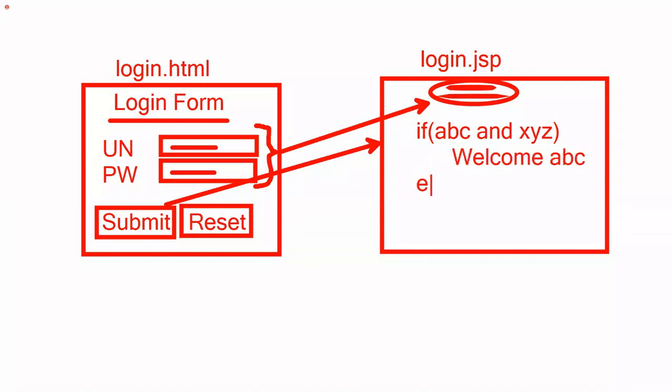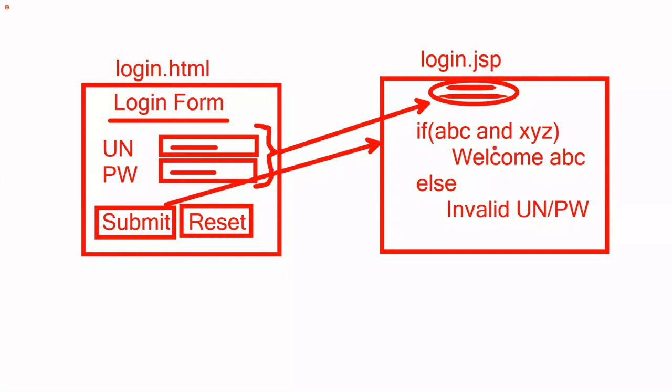Welcome ABC. Else, I want to display invalid username, password. Like this. Presently, I'm not checking in the database. If the given username is ABC and password is XYZ, then welcome ABC. If it is anything other than ABC, invalid.